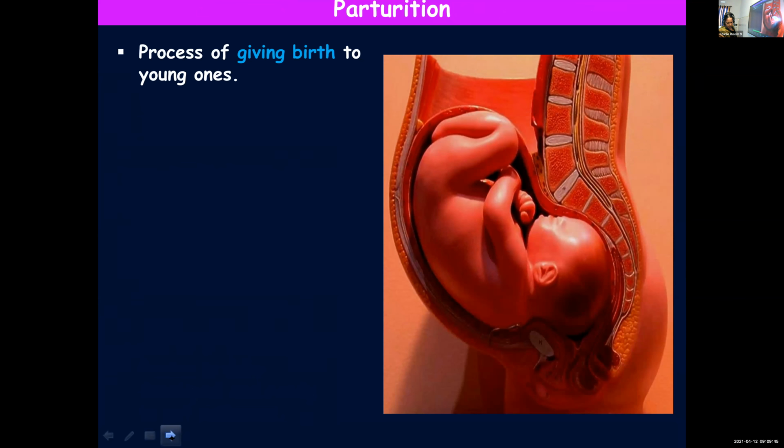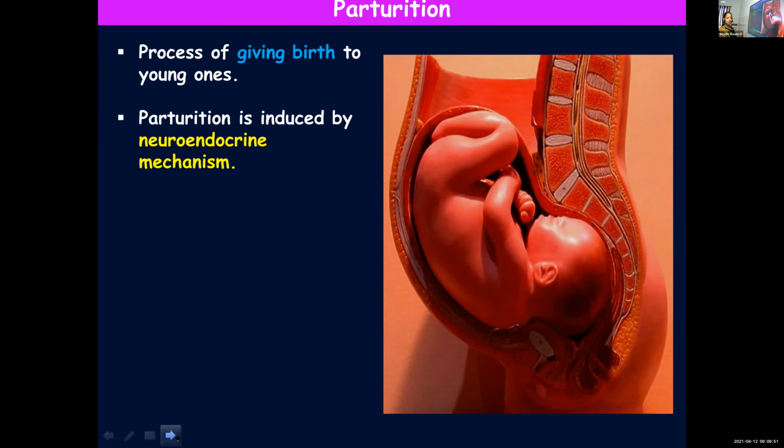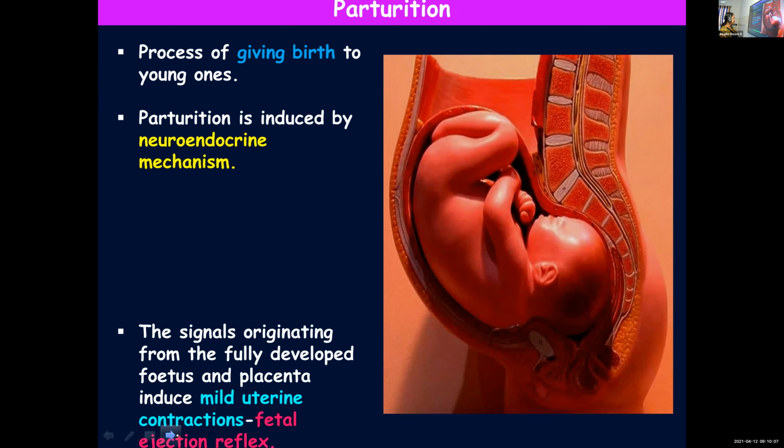The delivery of the baby, giving birth, that process is known as parturition. So on the completion of the gestation period, parturition takes place. It is induced by a neuroendocrine mechanism. Both nerves and hormones play an important role in carrying out parturition.